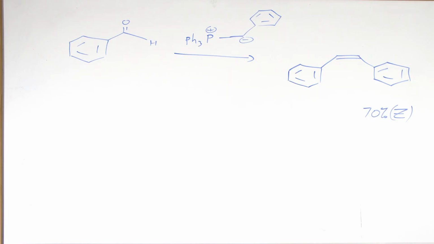The standard Wittig conditions tend to favor the Z alkene when stereoisomerism is possible.